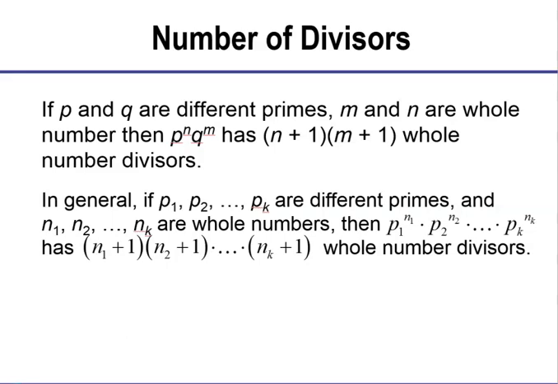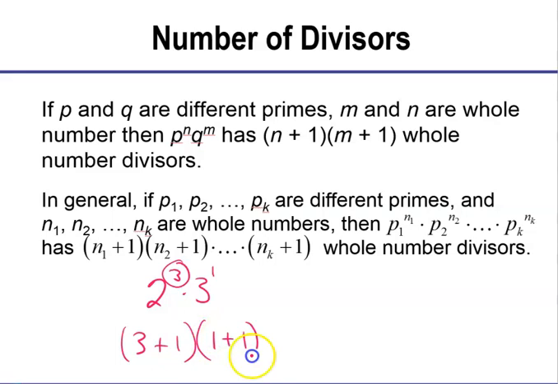So for the previous page, remember when we had 2 to the third times 3 to the first, we ended up multiplying 3 plus 1, which was the 4 we talked about, times 1 plus 1, which was the 2 divisors we talked about, or 4 times 2 equals 8 divisors.